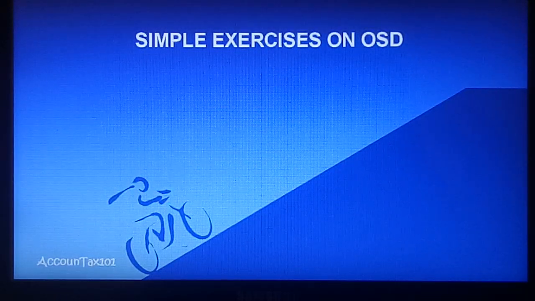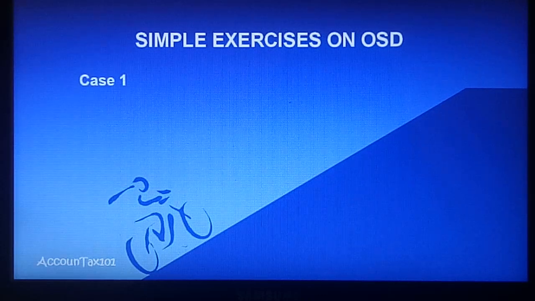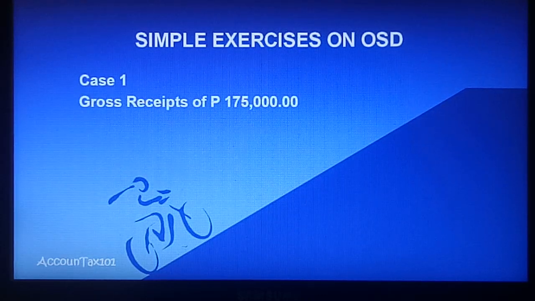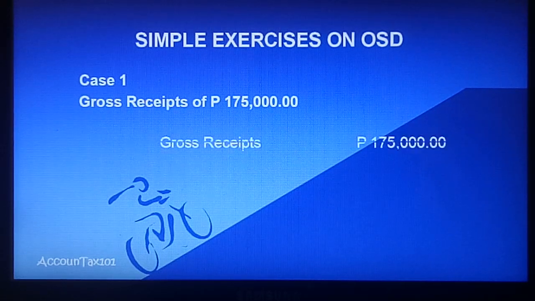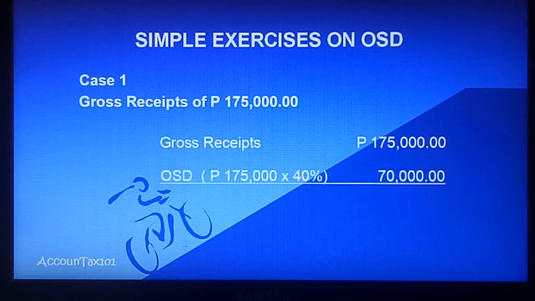Okay. So, let us have simple exercises on OSD. So, halimbawa lang, ang gross receipts natin is 175,000. So, paano natin i-compute yung OSD? 175,000 times 40% equals 70,000.